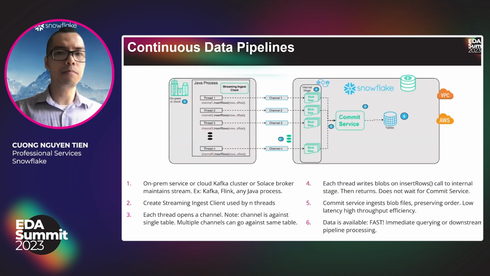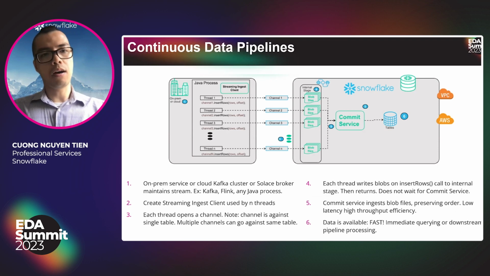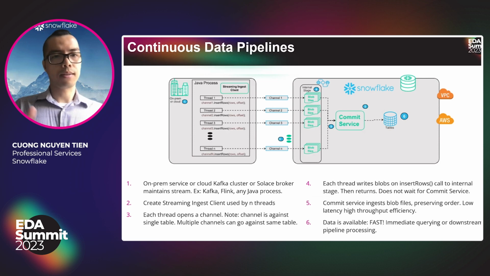So a little bit more detail around the whole mechanism. Think of your Java processes, on-prem service, whether it's a Kafka cluster or a Solace broker, that maintains a stream.